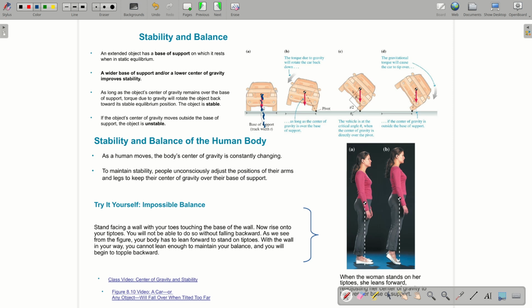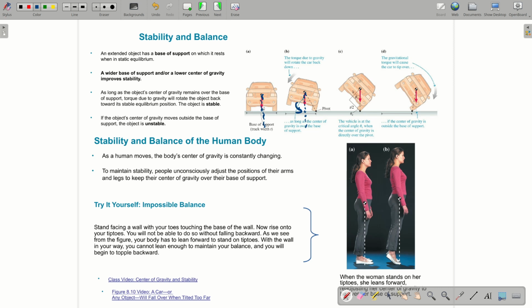If I tip it over a little bit, that's not going to be the case. Now it has only one pivot point, not two stable points. So if the center of gravity line is passing through here, it would be stable and not tip. But it's obvious that gravity will apply a torque in this direction and the car will tip back over.